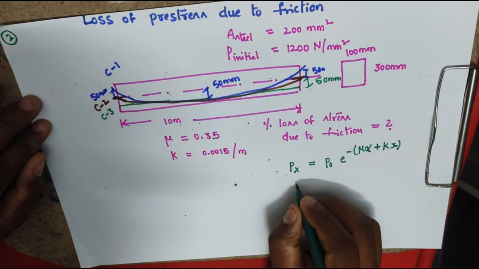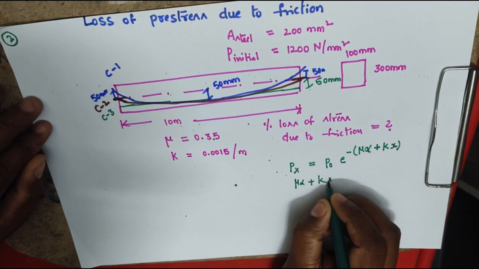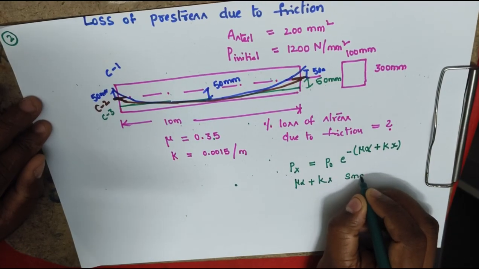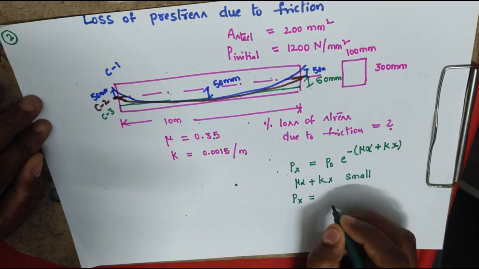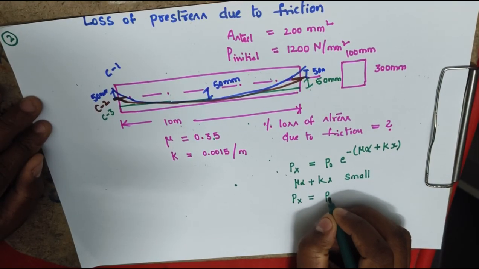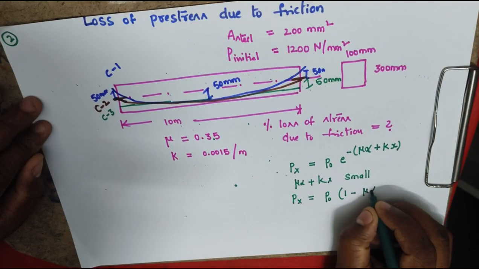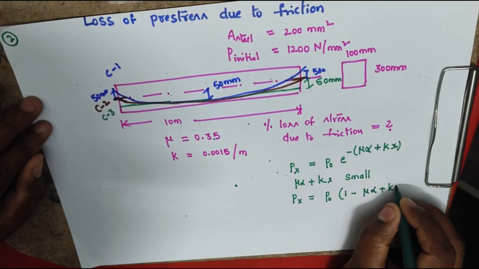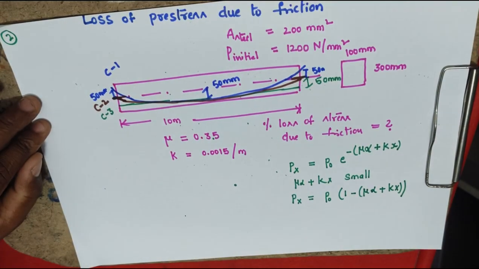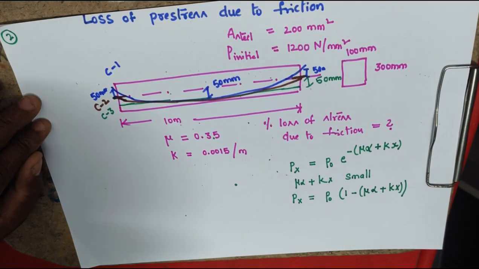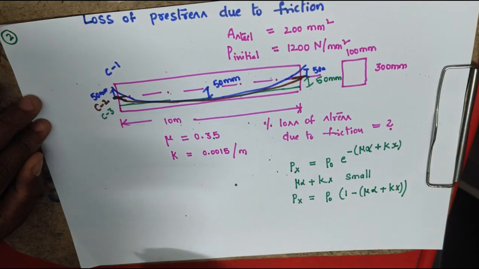For small mu alpha plus kx, we can rewrite this formula as Px is equal to P naught into 1 minus mu alpha plus Kx, right? This formula we know, right? What we need to do is determine and use this one.